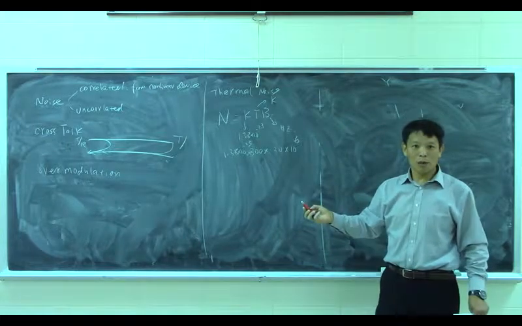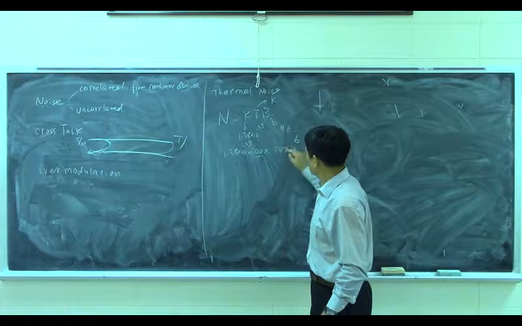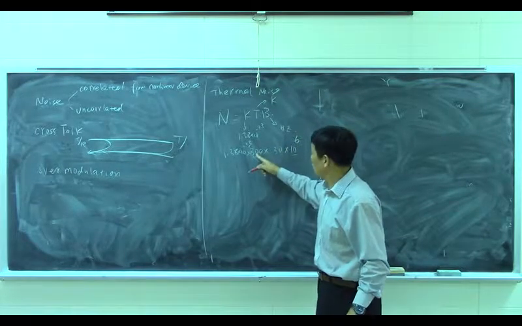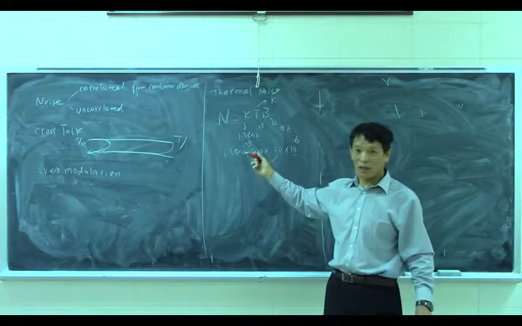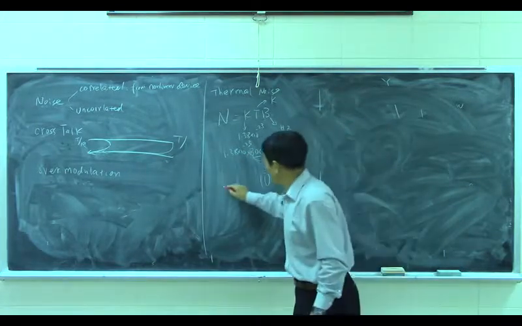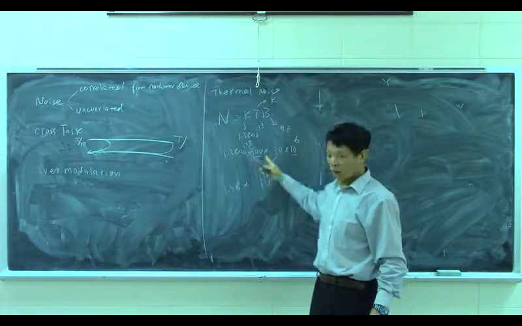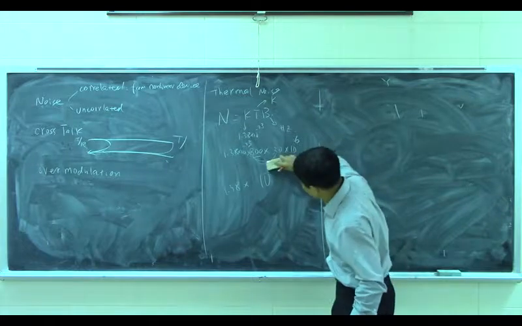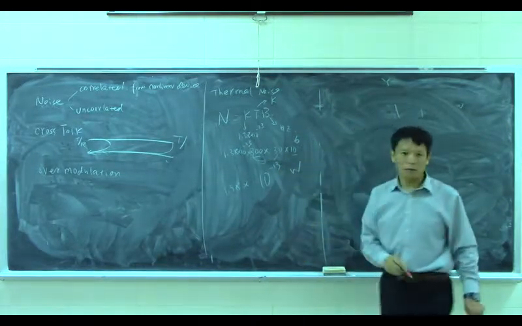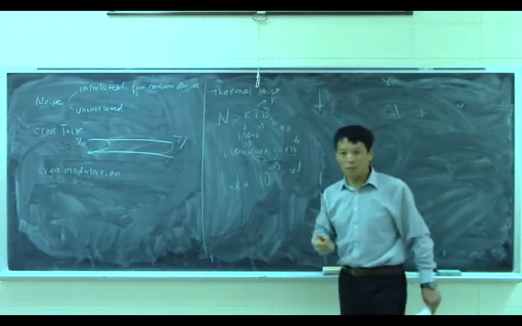How small is this number? 10 to the 6, times the 300, almost 10 to the 9, 10 to the 10, right? There's a 1.3 here, then times 10 to the negative 23. So we combine together, it's almost negative 13, right? That is in watts. So you can see the thermal noise power is very, very small.